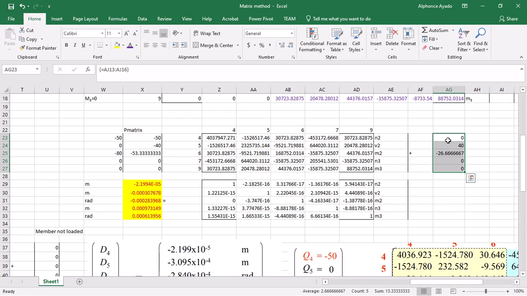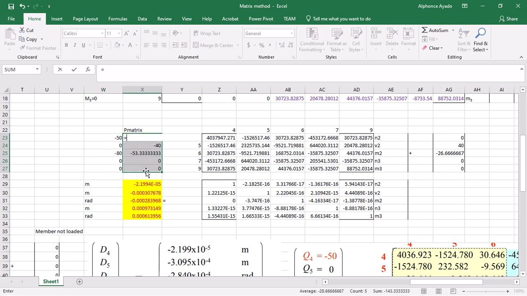Okay, I'll show you. So this is the external reaction, and this is the P matrix. Sorry, this is the fixed end moments, and these are the external loads.